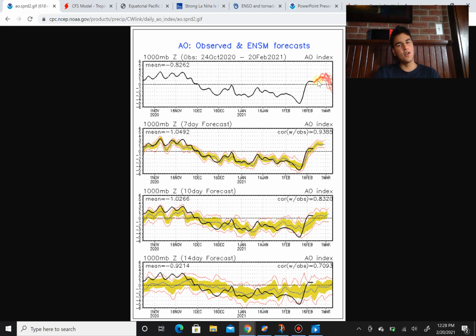So while the Arctic oscillation does support warmer temperatures and less severe weather in general, there are other factors I'm going to show you right now that completely outweigh the fact that there's going to be a positive Arctic oscillation in early spring.